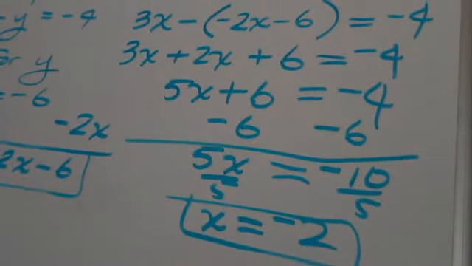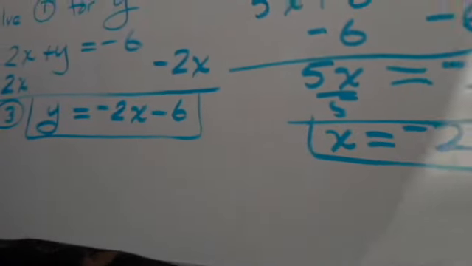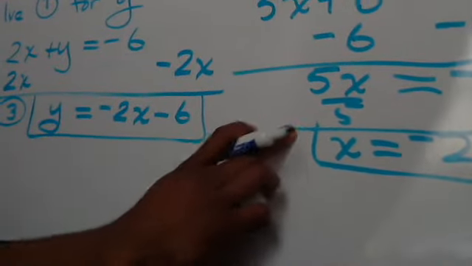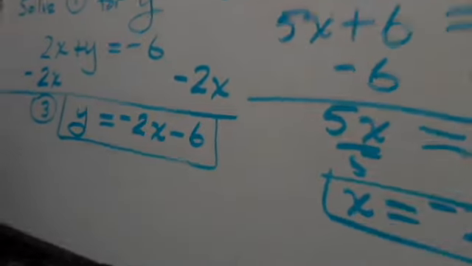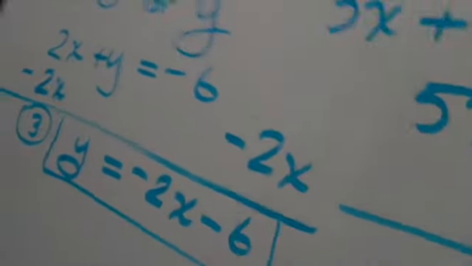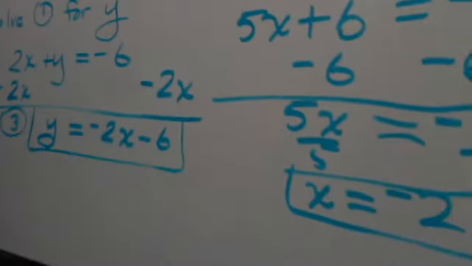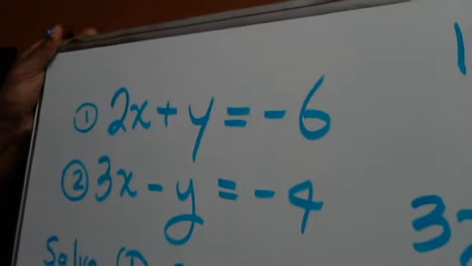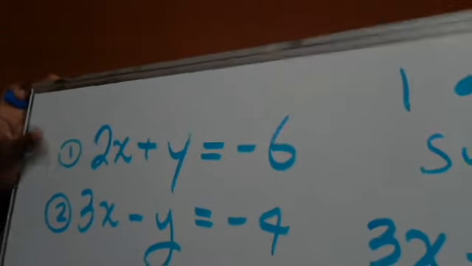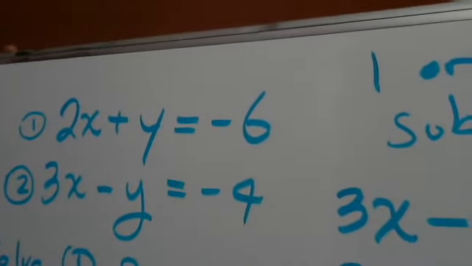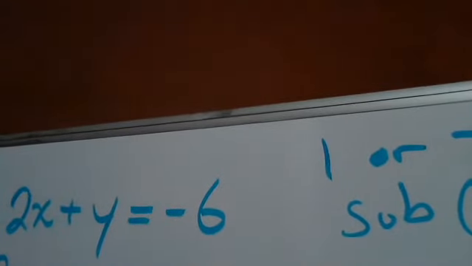The second part of the ordered pair, and I'm running out of space. Let me do it like this. I'm going to have to substitute this into one of the two original equations. It doesn't matter which one of the original two equations I use. These are the two original equations, so I need to substitute it into one of these two. Doesn't matter. I'm going to use equation 1. So equation 1 was 2x plus y is equal to -6.